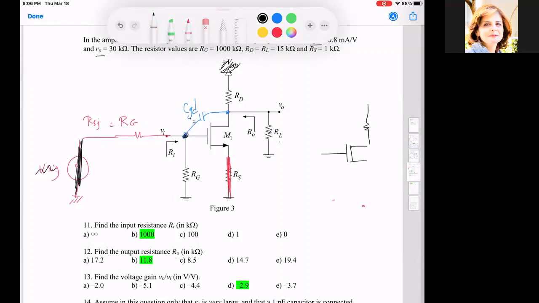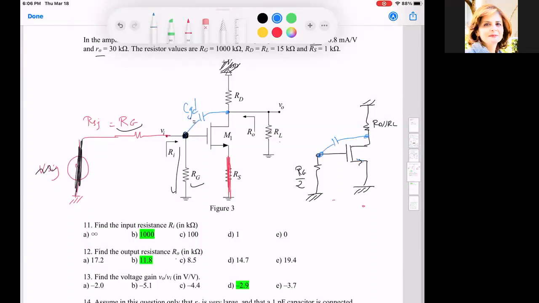These two are in parallel, RD parallel to RL. This node is grounded, and on this node what do I have? I have a resistance. What's the effective resistance on this node? Between this and ground I have RG, and between this and ground below I have RG, so this is RG over 2. And now I have this capacitor sitting here between those two nodes.